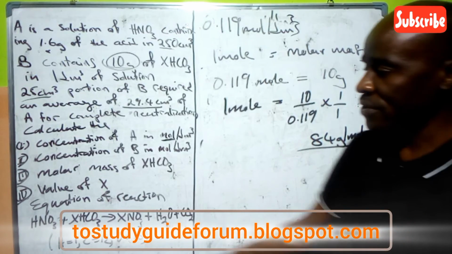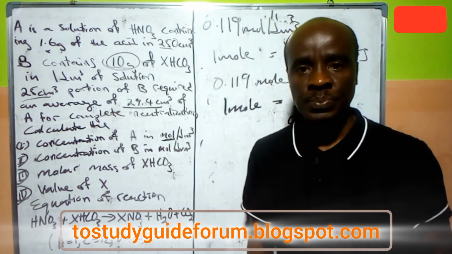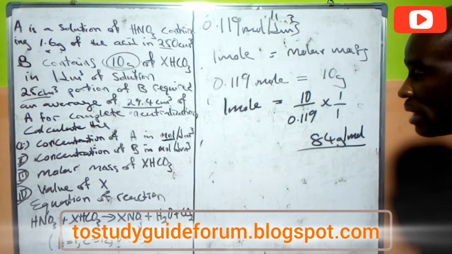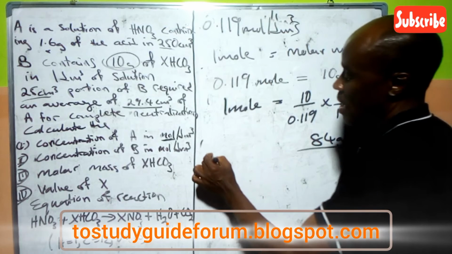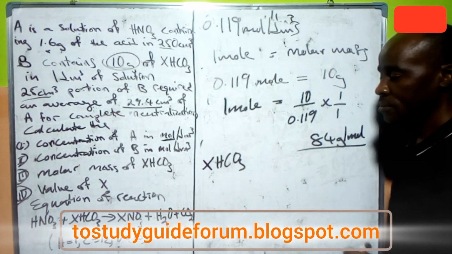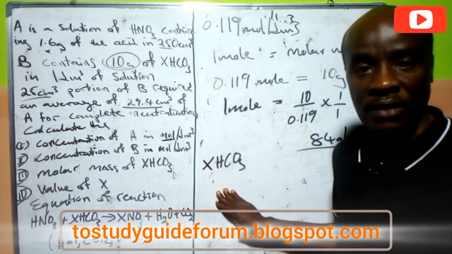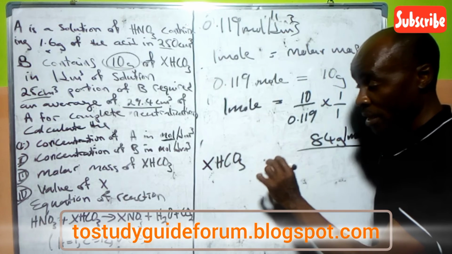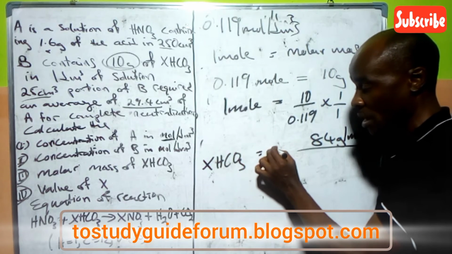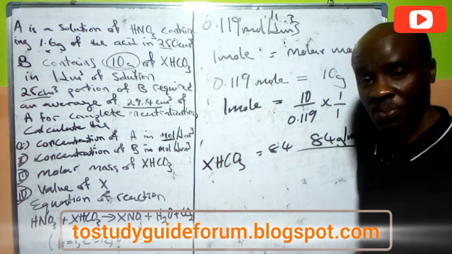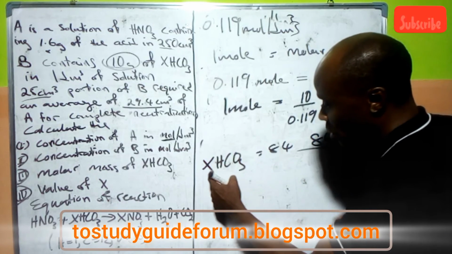The last question we have here said that we should calculate the value of x. In getting the value of x, what are we going to do? Now we know that X hydrogen trioxocarbonate, this is the formula for that. Now what do we have inside here? We know that everything we have here will be equal to the molar mass, which we have now gotten to be 84.